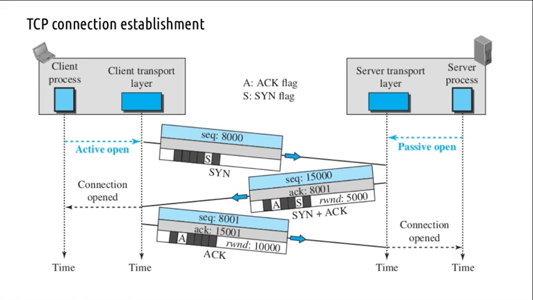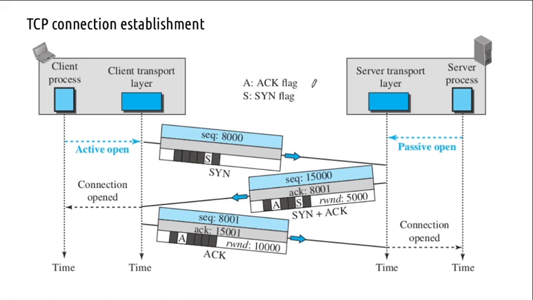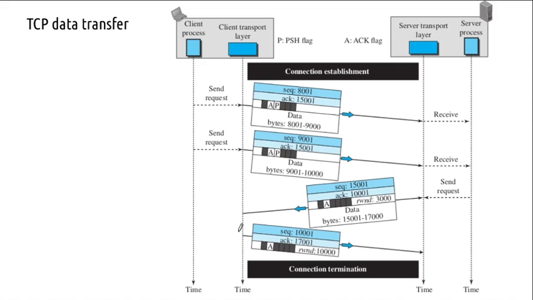Now we go to the next phase, the data transfer. Data transfer is normal. The connection establishment phase is already over, and now we are in the data transfer phase, where data is being transferred with 8001 again, continuing from this.